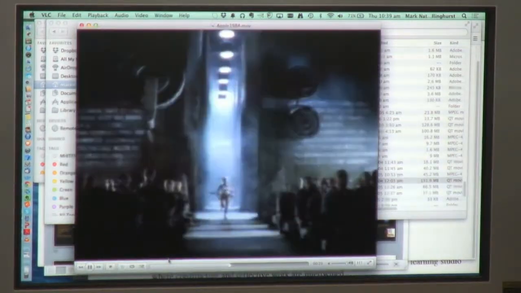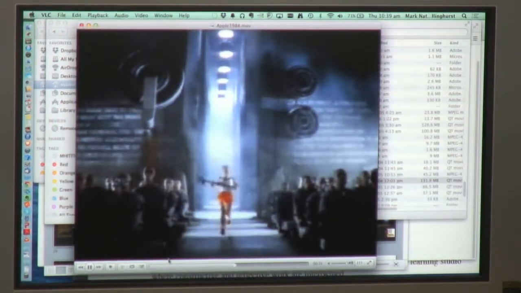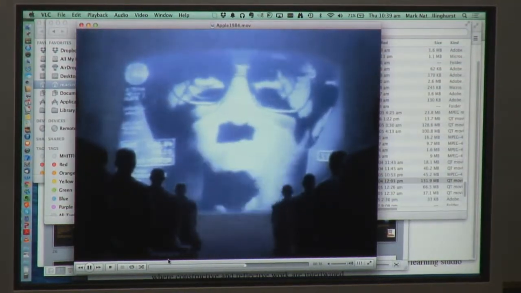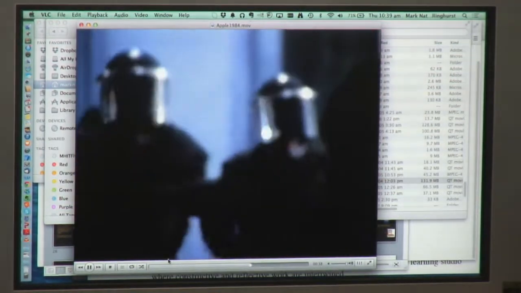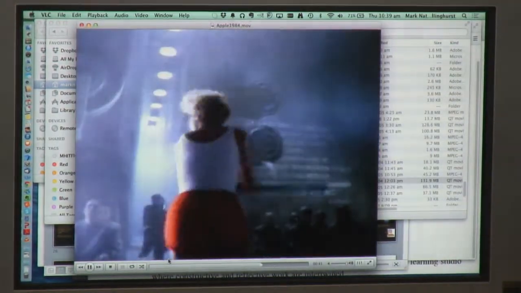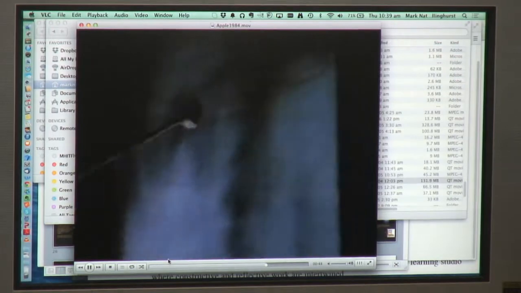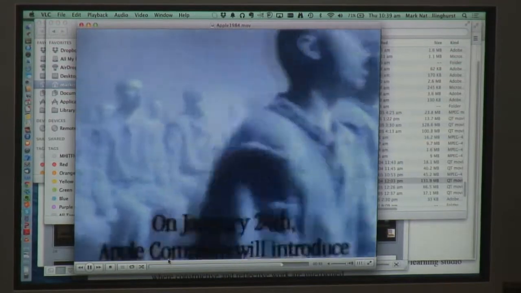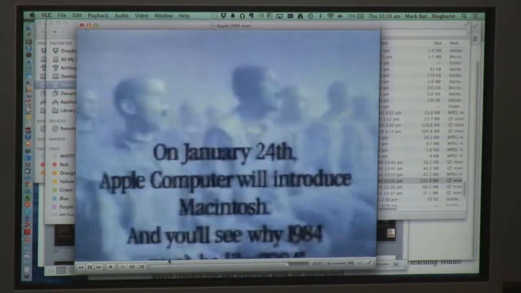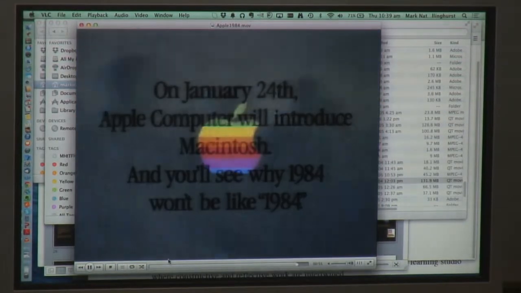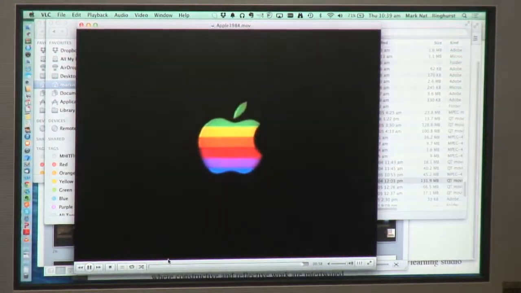We are one people, with one will, one resolve, one cause. They shall talk themselves to death, and we will hide in their own confusion. We shall prevail. On January 24th, Apple Computer will introduce Macintosh, and you'll see why 1984 won't be like 1984.